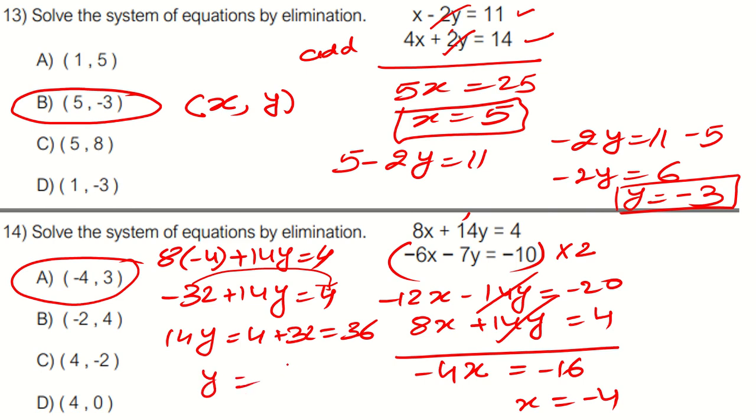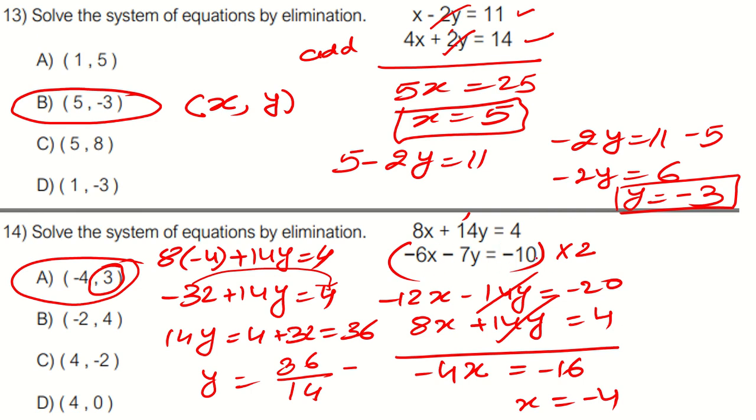So y is equal to 36 over 14. And certainly it will not be 3, because the second choice is 3. See, that's what I told you. You must write the complete answer. Shall we check the question again? Maybe somewhere I made a mistake.